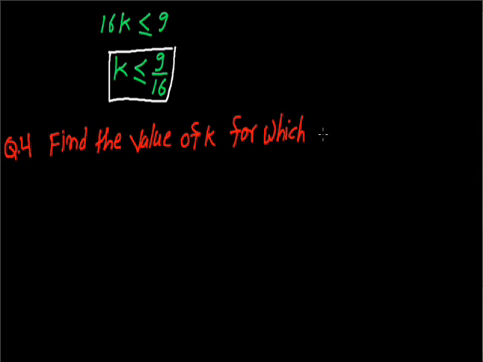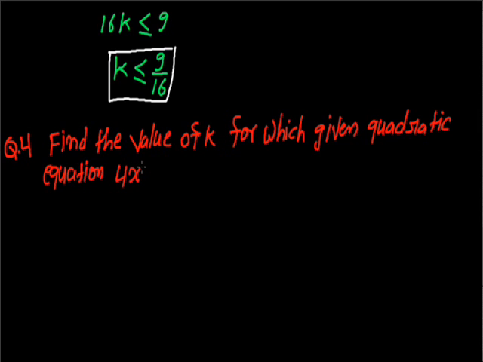the given quadratic equation, that is 4x² - 3kx + 1 = 0, has real roots.